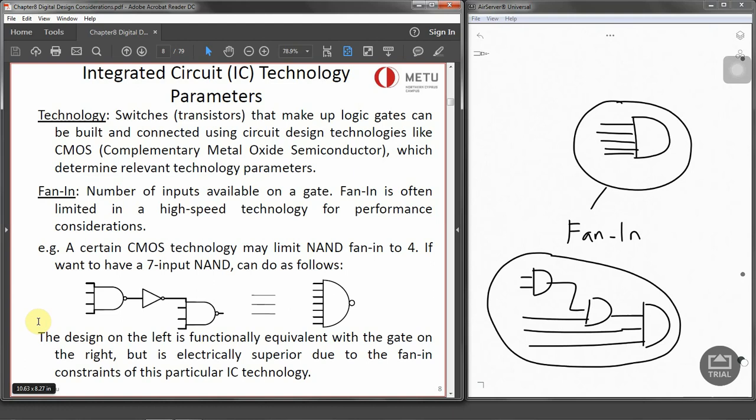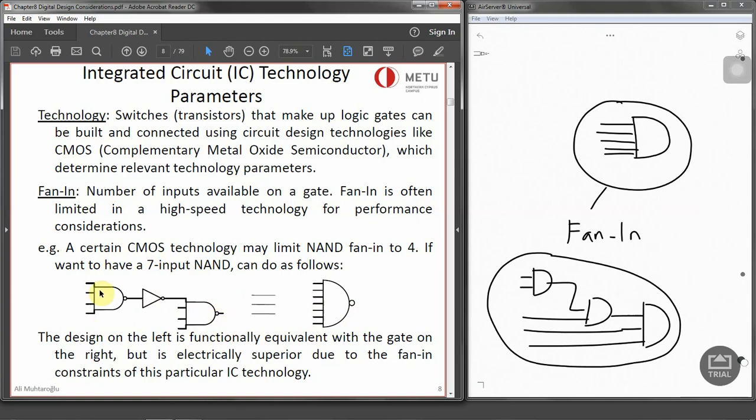If you want a 7 input NAND, you can use 4 plus another 4 inputs so that you can have 7 inputs together. Both of these designs have the same logical expressions, but the left one is much better, as we are not having a large number of inputs to one gate, and this is important.